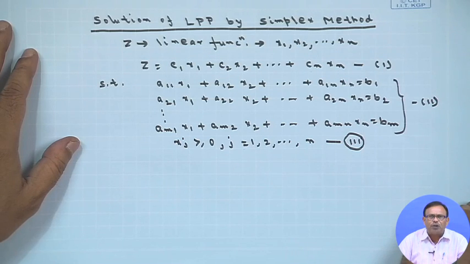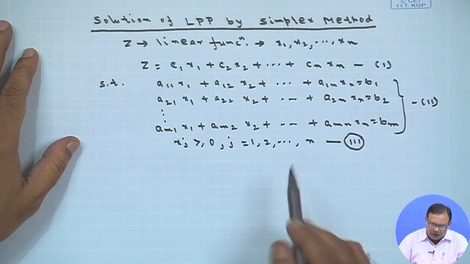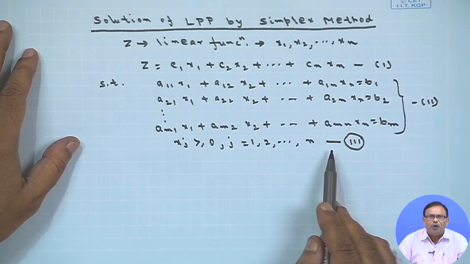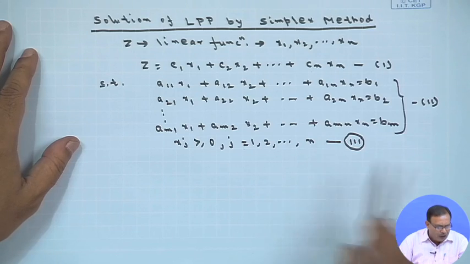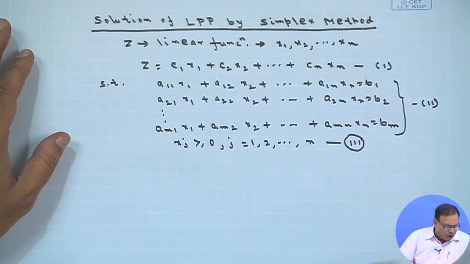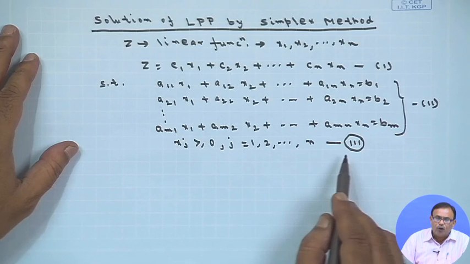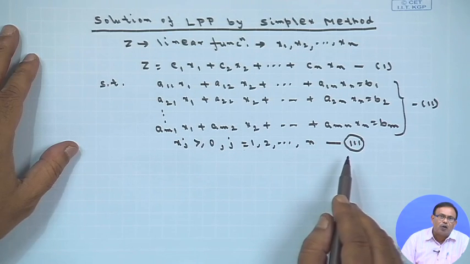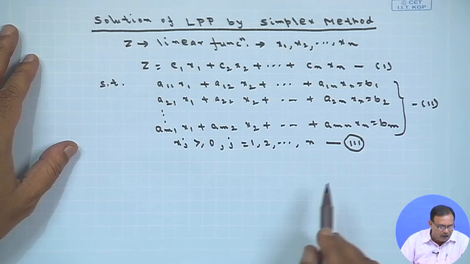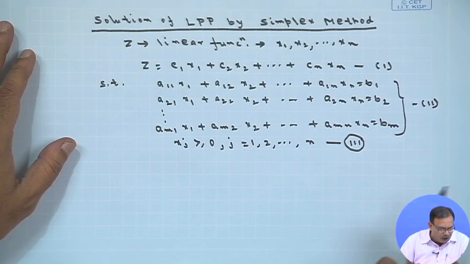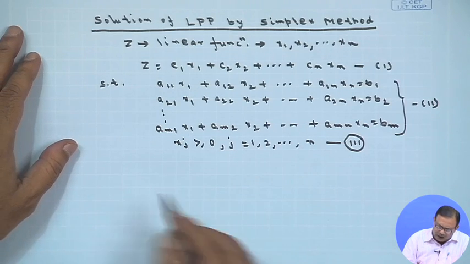Constraint 3 basically denotes the non-negativity constraint of the decision variables.